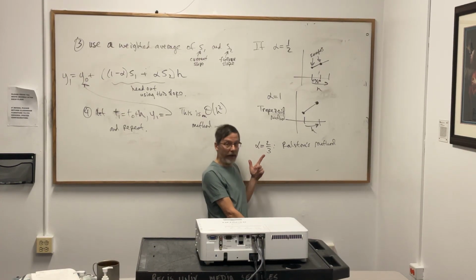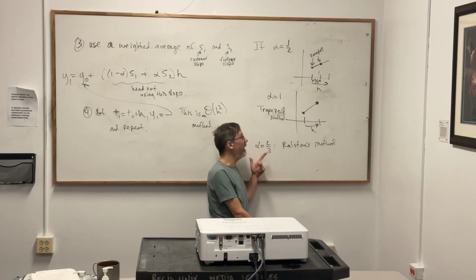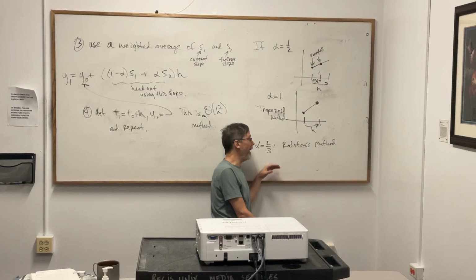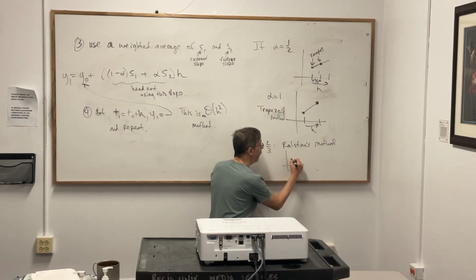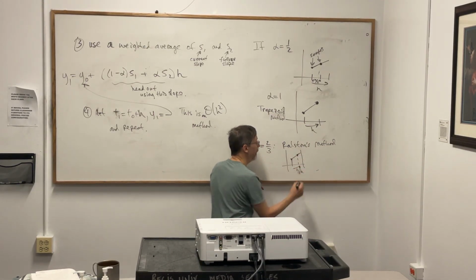This one gives you the best accuracy, best bang for your buck. And that's a 2/3 step. So you're here, you move over here, you just move 2/3 of H over, grab that, and grab that average, saying that's the full H right there.